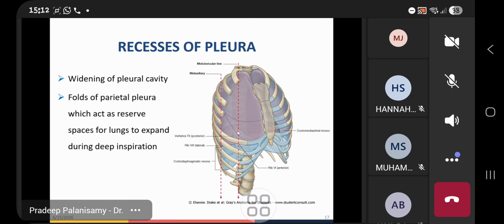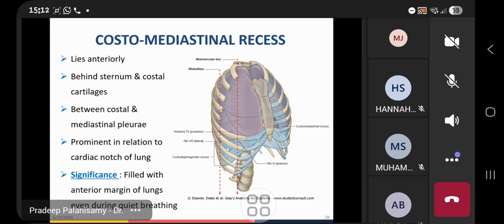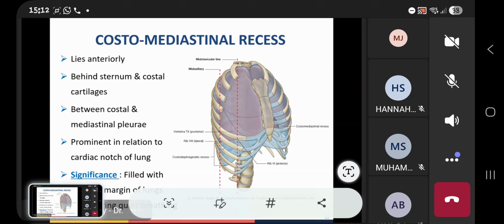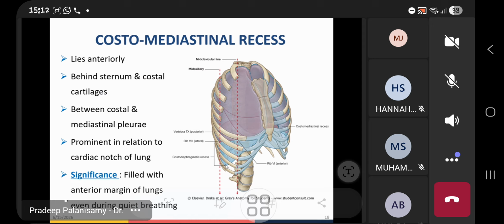So recesses, meaning the extra space between the parietal pleura and the visceral pleura, between the border of the lung and the pleura, the gap is there, right? This is where sometimes fluids can accumulate, but normally this recess is called costomediastinal. Costomediastinal will be on the medial side.